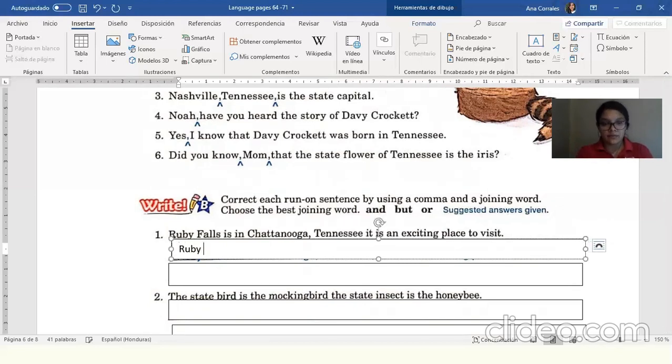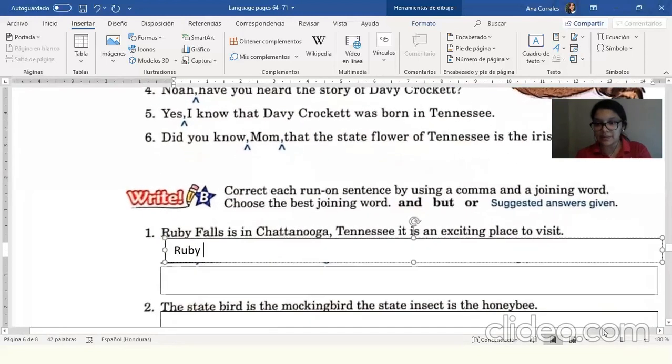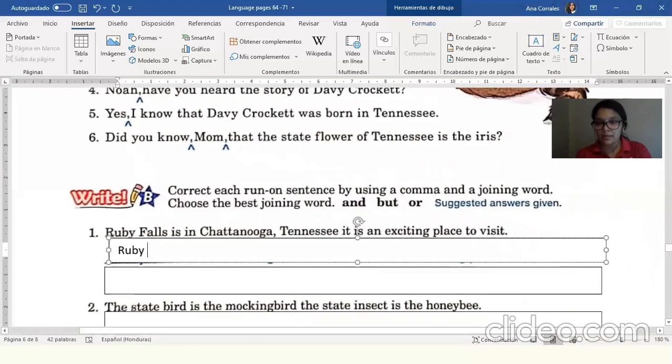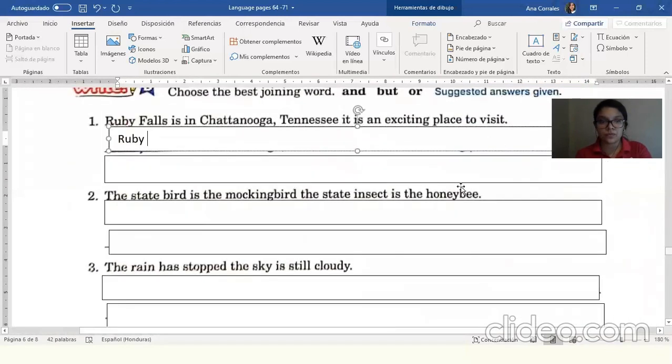Ruby, write with me. Follow me in the exercise, please. Ruby Falls. Okay, tienen que escribirlo con capital letters.